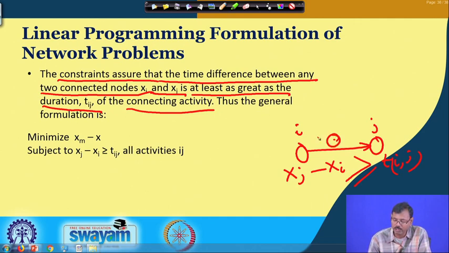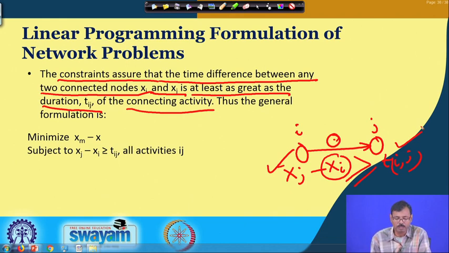If x_j minus x_i is exactly equal to T_ij, then it is a critical job. If x_j minus x_i is greater than T_ij, that means there is a slack associated with that particular job.